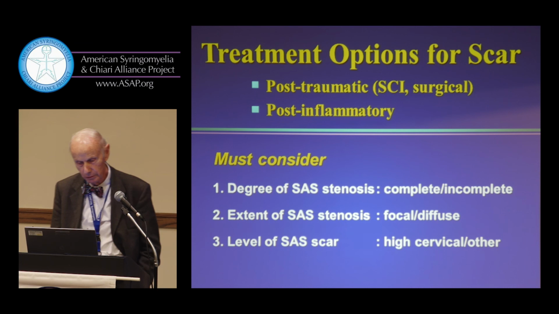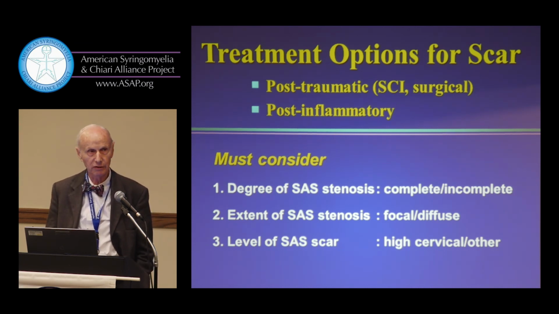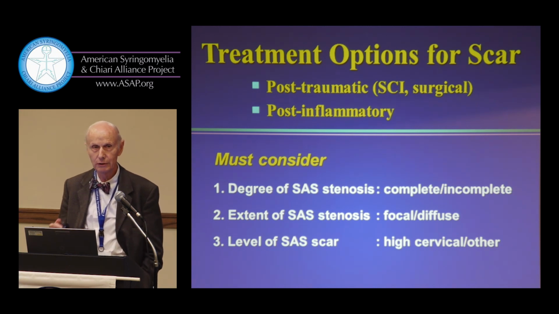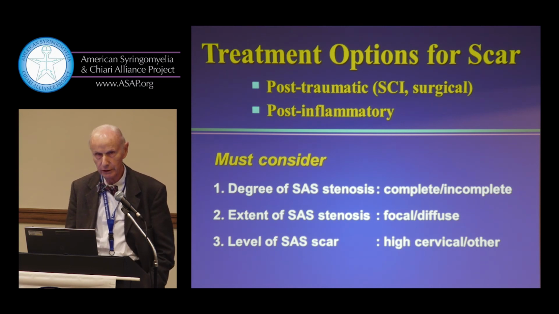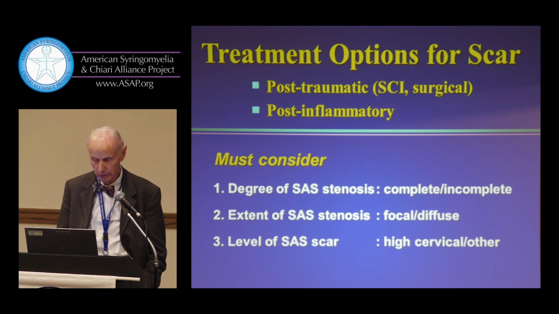And also, it is important to establish whether you're dealing with something that's very high in the cervical region, because a direct approach to the high cervical spinal cord may risk interference with the respiratory drive, so we're very careful to manage these people with minimal invasiveness.